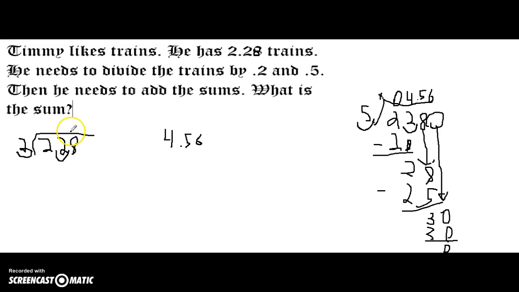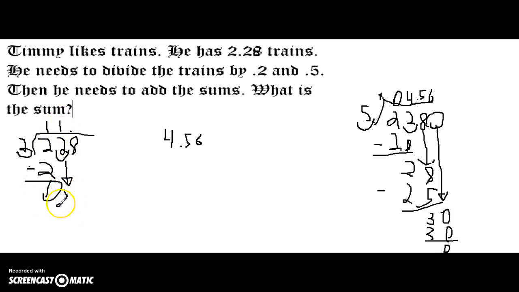Bring up the decimal point. Okay, 2 goes into 2 one time. 2 times 1 is 2. 2 minus 2 is 0. Bring down this 2. Okay, so then 2 goes into 2 again one time.